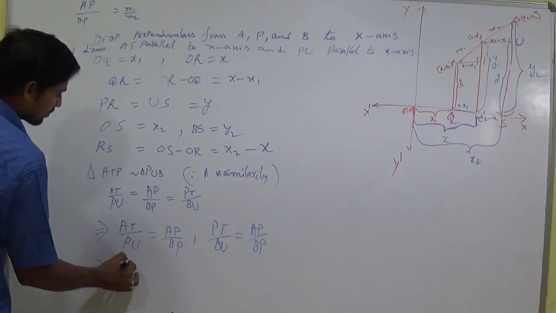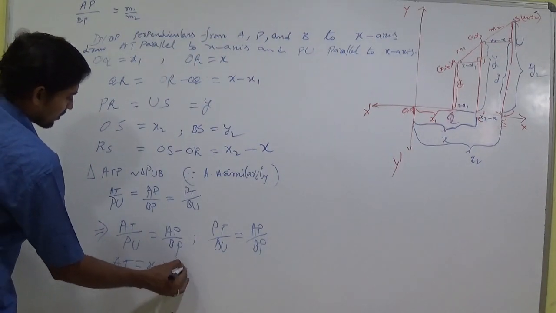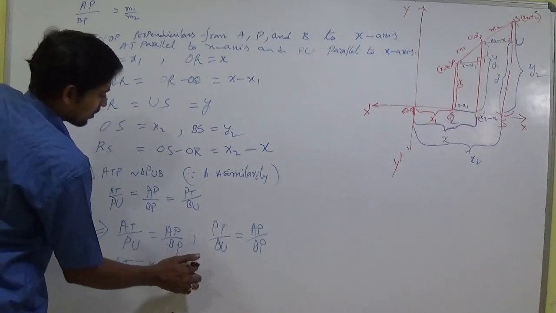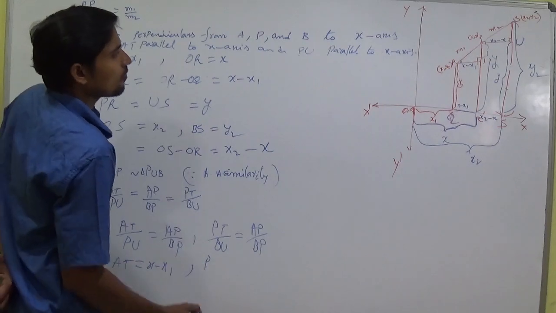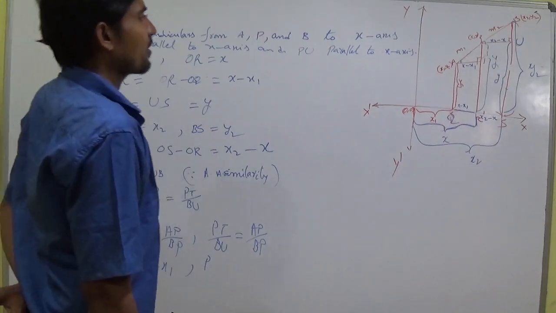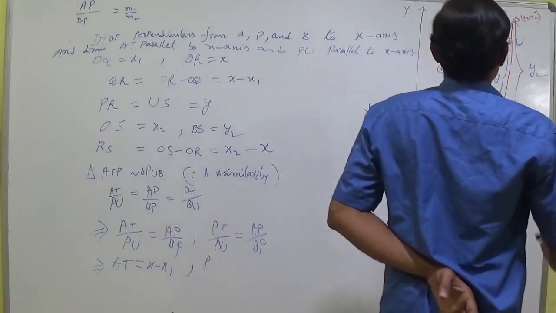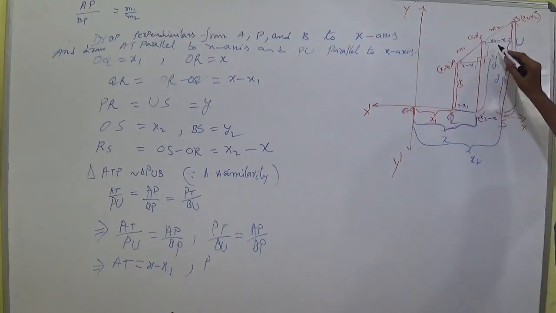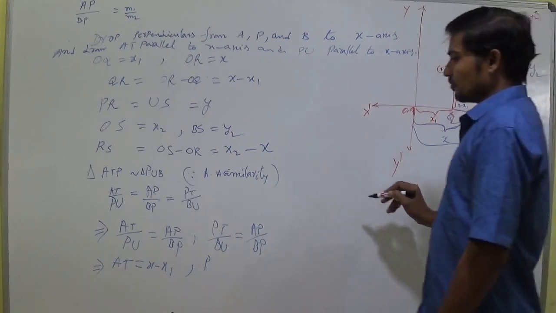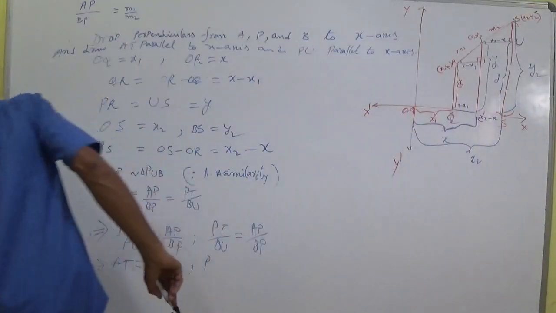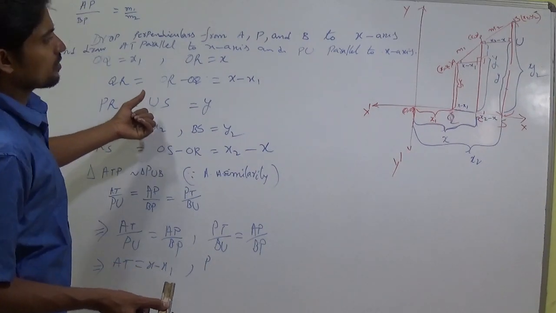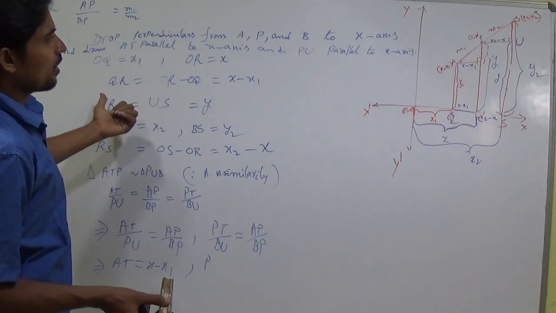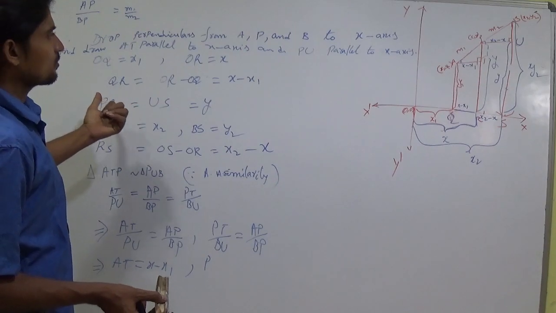PT value also we need to find here. Totally, PR is equal to US.